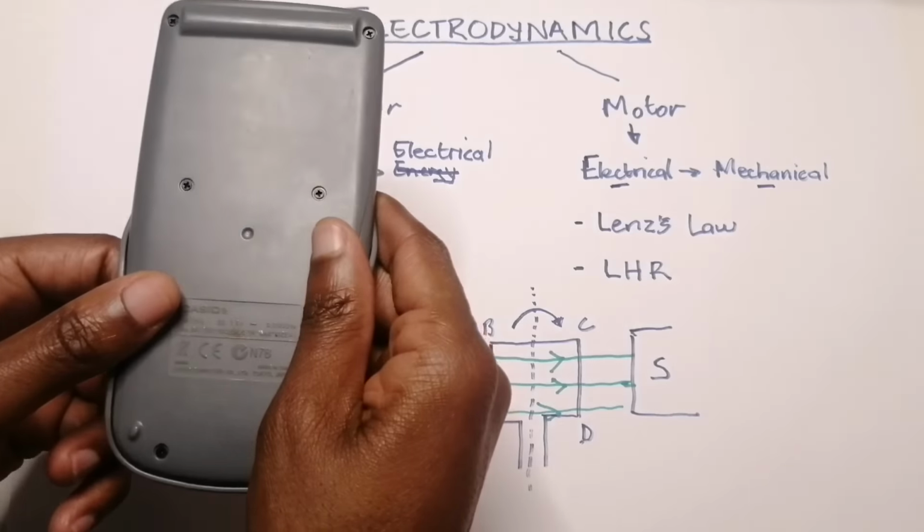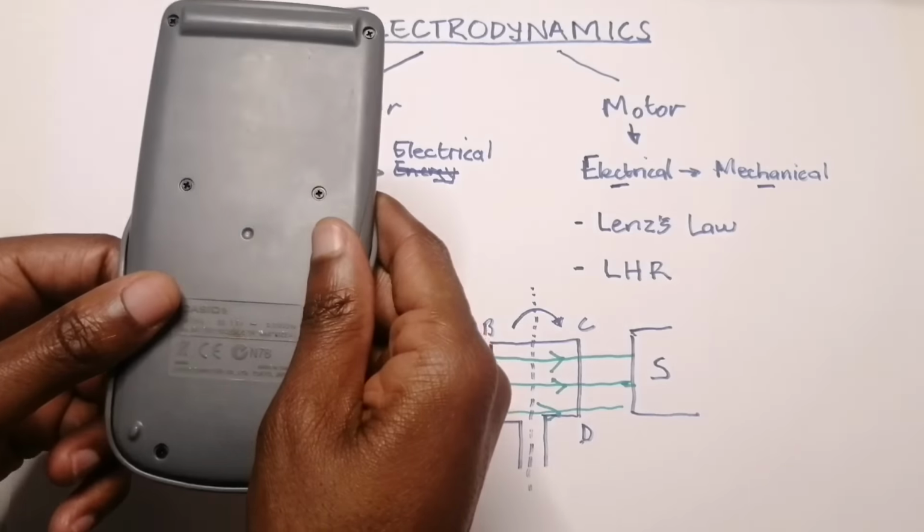The first finger is going in the direction of the field, and the second finger shows me the direction of the current.